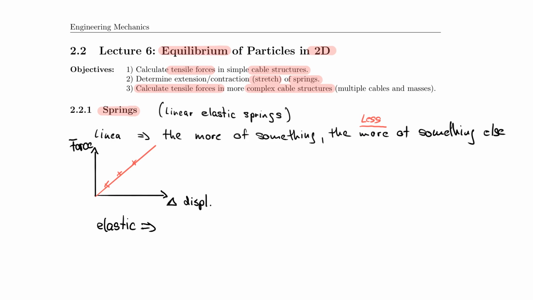So you stretch something, and when you let the force go, it goes back to state zero. So that means it is recovering deformation after force has been removed in case of springs.